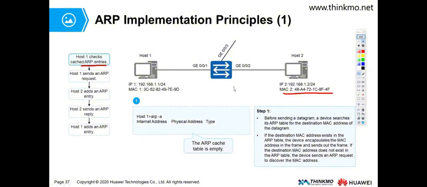At this point, you don't need to ask for the other party's MAC address because it's already in my table. However, if it expires, what happens to this table? It will be cleared and my table will have nothing in it. At that point, I will ask the other party again, what is your MAC address? And record it again in my table.